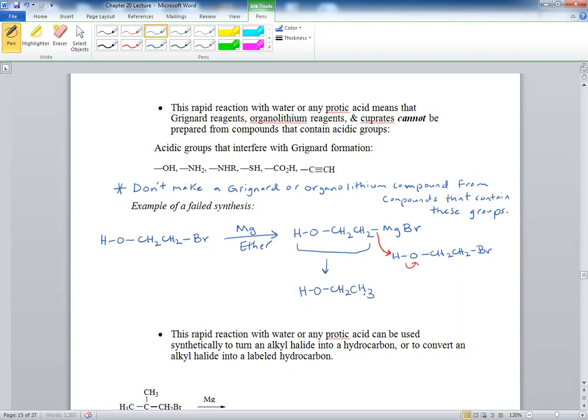This proton was gained, plus what's left over, O minus CH2Br.